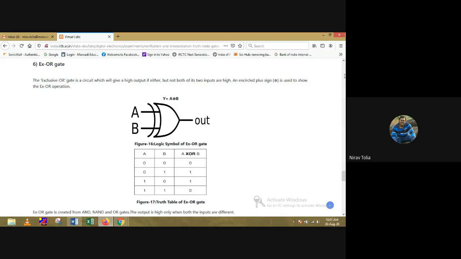So this is the symbol of the exclusive OR gate, and the equation is A B bar plus A bar B, or you can say A bar B plus A B bar. So the output is 1 only when we have a difference in the inputs, 0 1 and 1 0, otherwise it is 0.